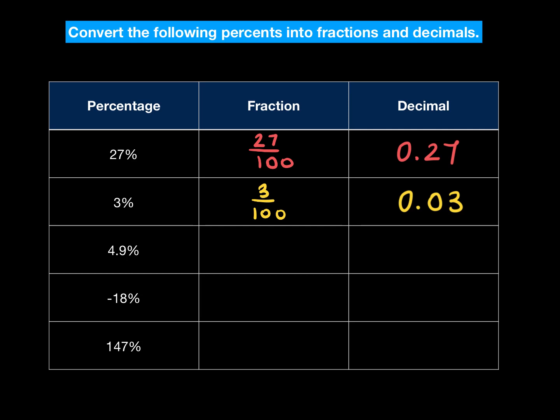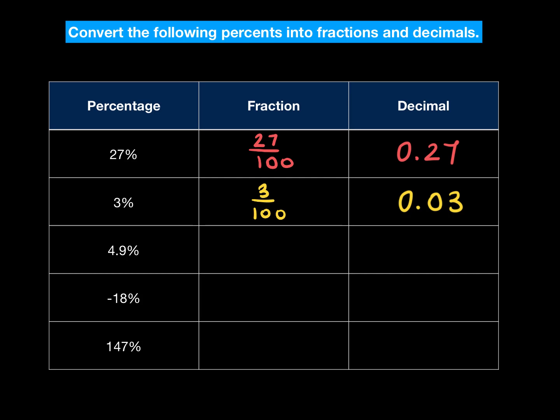For 4.9%. We don't make this a mixed number because remember, percent is still per 100. Did anybody do it a different way? Not making it a percent, not making it a mixed number? How can we turn 4.9% into a fraction?